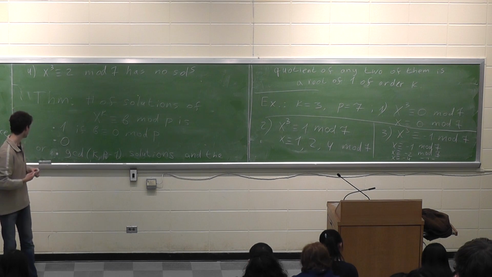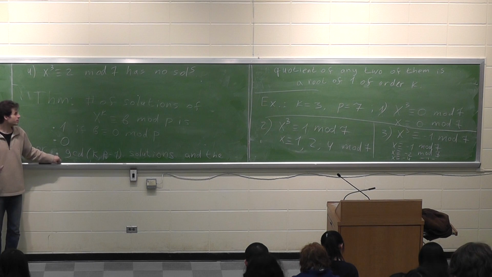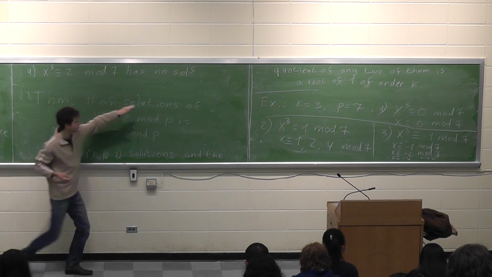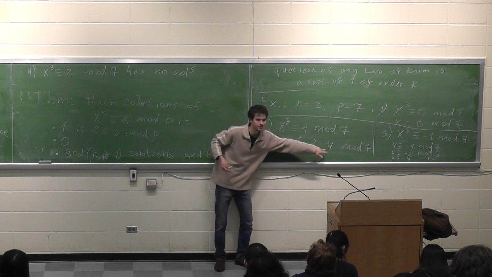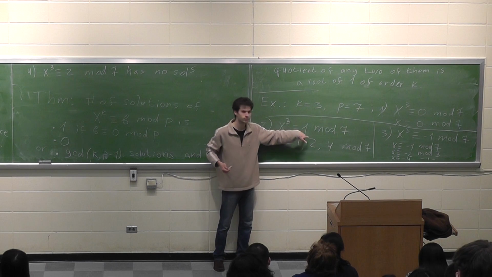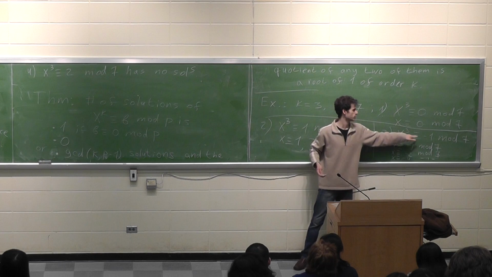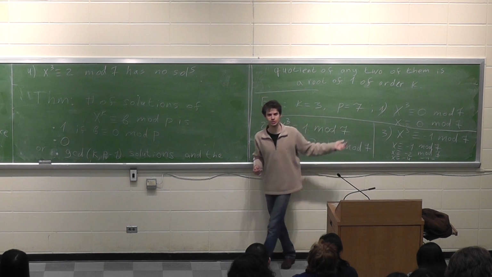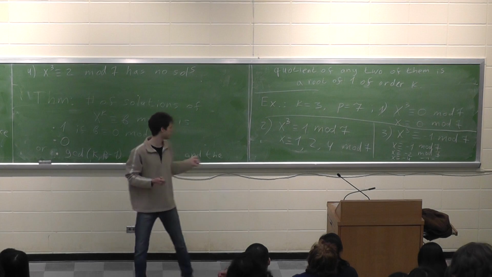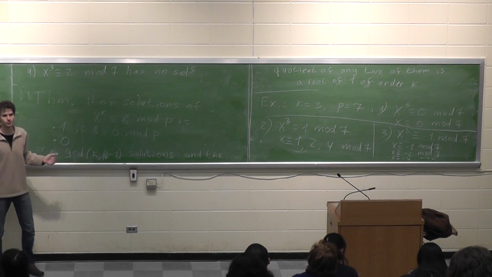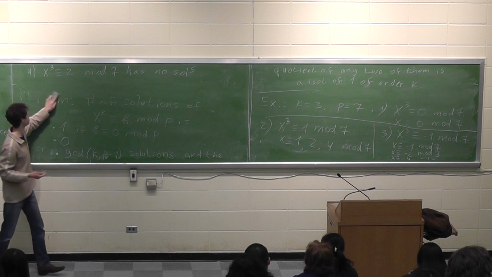Well, we are going to see a better reason later today, but for now, because we just exhausted all possibilities. These residues, when you cube them, you get 1. For those residues, you get minus 1. For 0, you get 0. And that's it. We covered 7 different possibilities. So, we just computed everything.